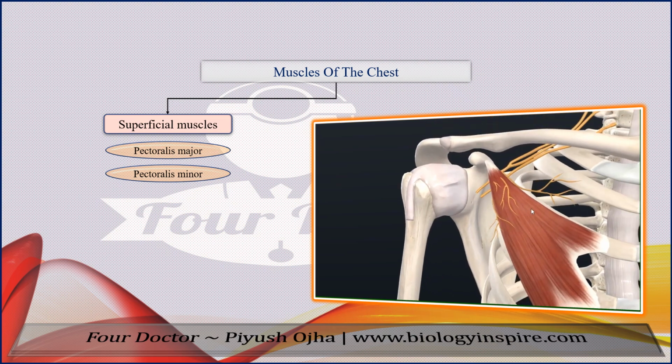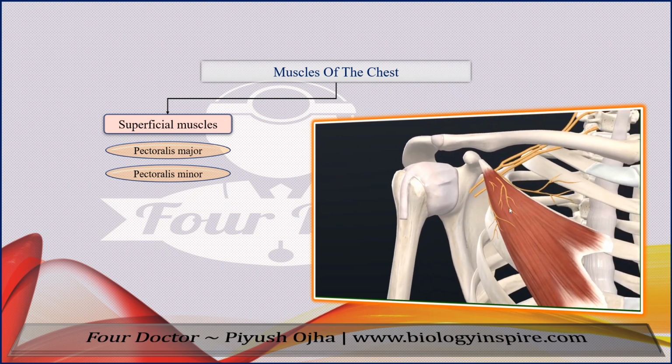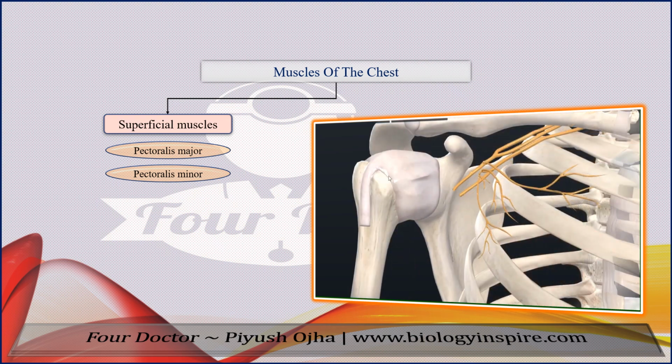So these branches supplying the pectoralis minor muscle are actually the pectoral branches of the medial pectoral nerve, and the medial pectoral nerve underlies this muscle. So I would remove this muscle so that I can show you the medial pectoral nerve.